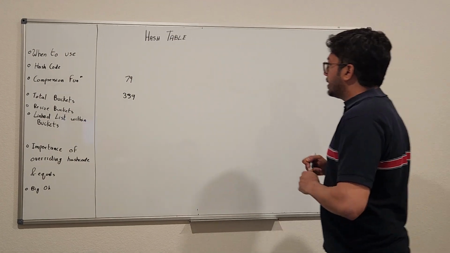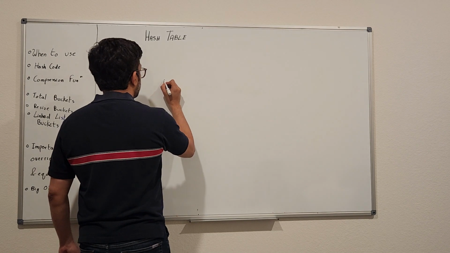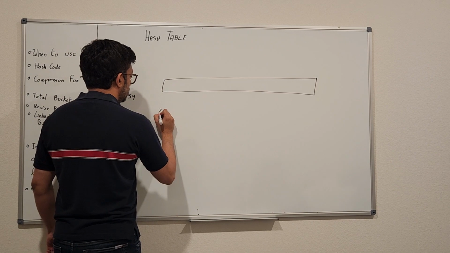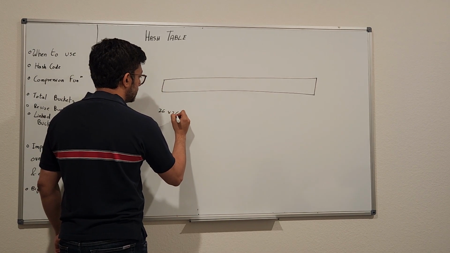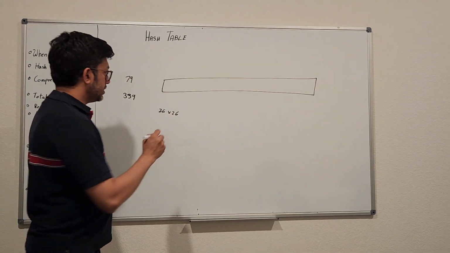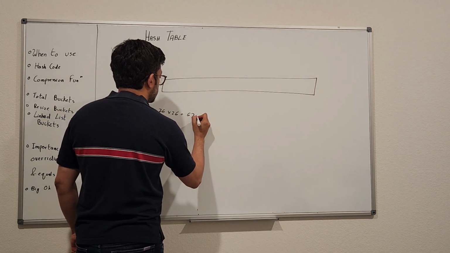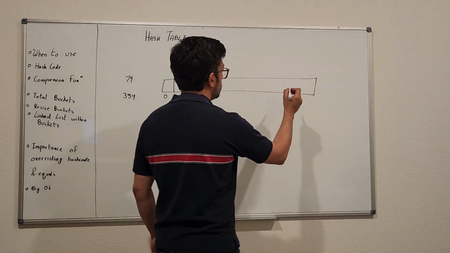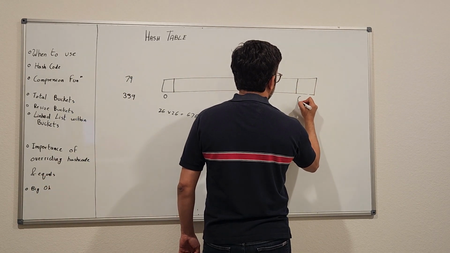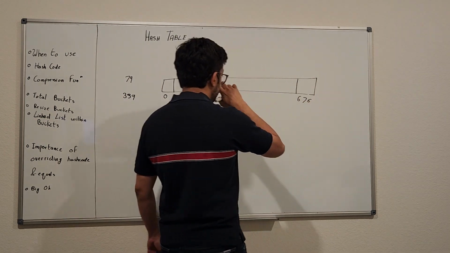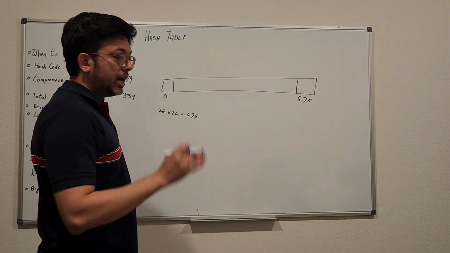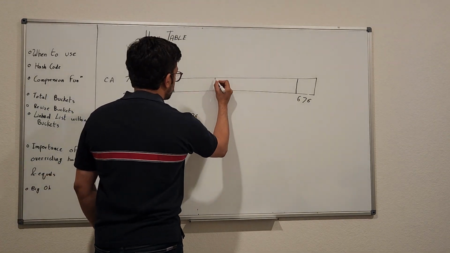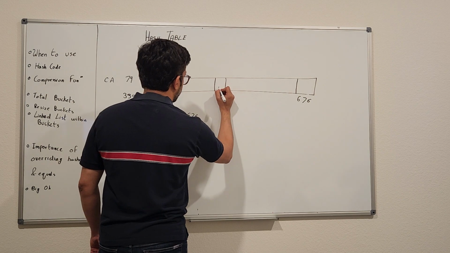What if I create an array that can take all possible abbreviations, which is 26 times 26, which is 676. Suppose I have an array of size 677, which goes from 0 to 676. Now for every state I just put it into that array index. For California, we saw it was 79, right? I will just go to index 79 and store California in there.